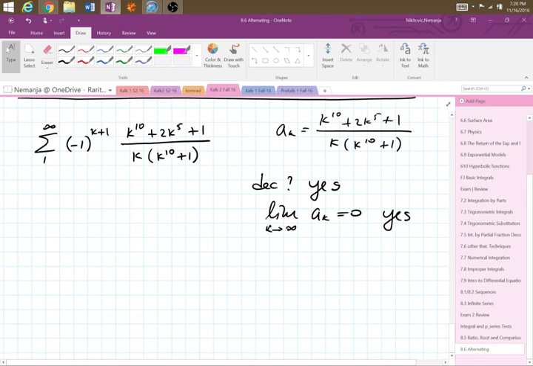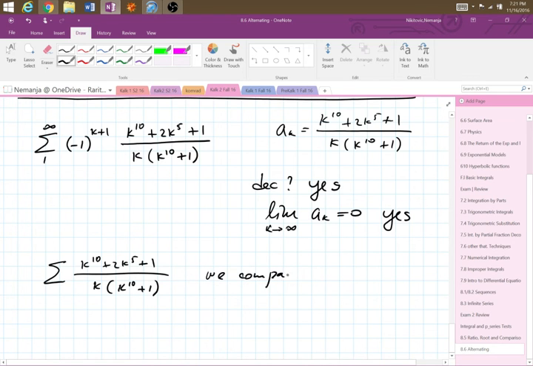And now you use the comparison test, right, to 1 over k. So now to do the summation of k to the 10 plus 2k to the 5 plus 1 divided by k times k to the 10th plus 1, we compare it to summation 1 over k, which diverges. So answer.